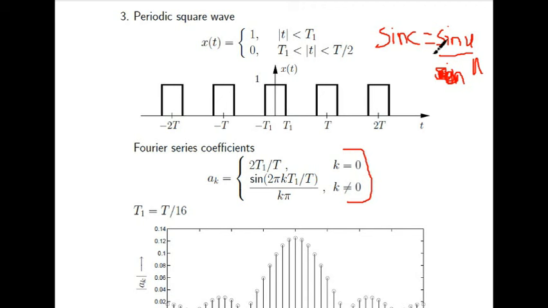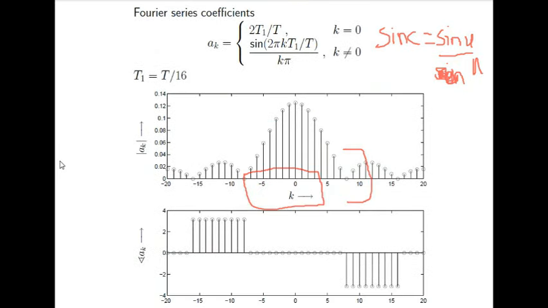So I can also represent this function or term with the help of sinc functions by multiplying 2t1 by T here. So I'll get the answer in terms of the sinc function. This sinc function is very important regarding square waves, and its curve is also important. So this is the curve of the sinc function, something like that. We'll see that in the later sections.